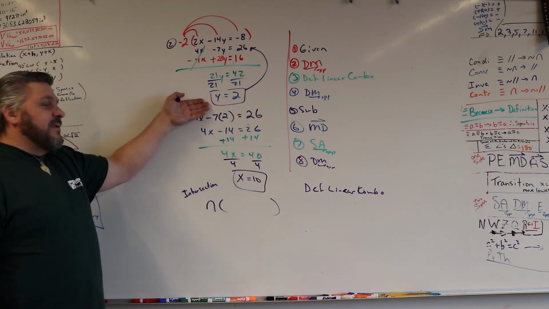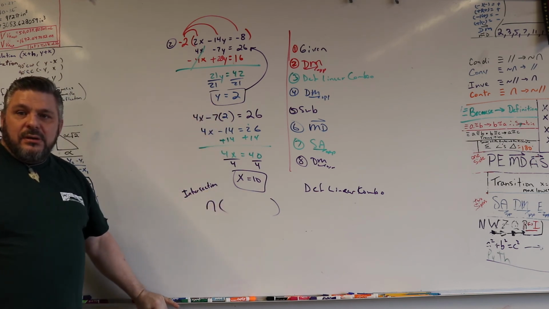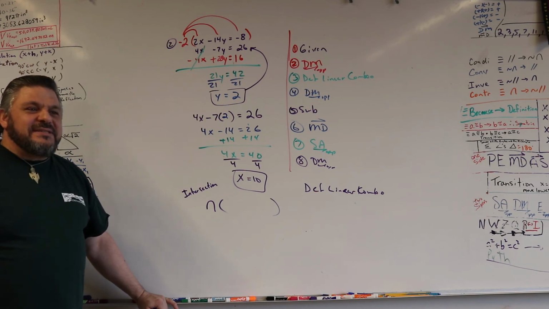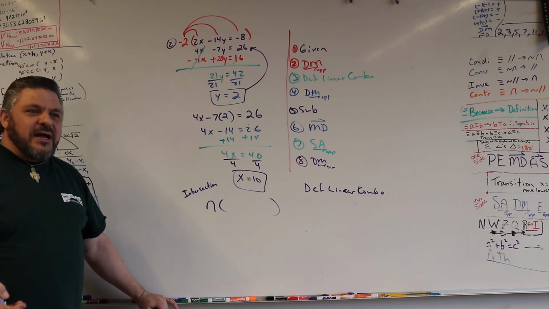Because we found 2 first. So does that go first? Yes. No. I don't know. What do they stand for? X and Y, right? It does go. Wait. So what goes first, X and Y?